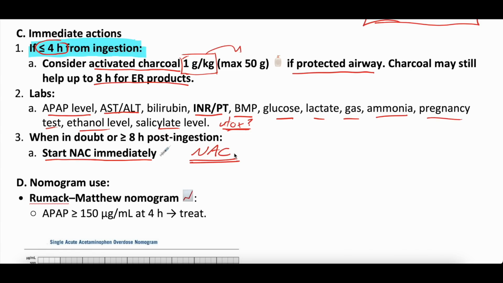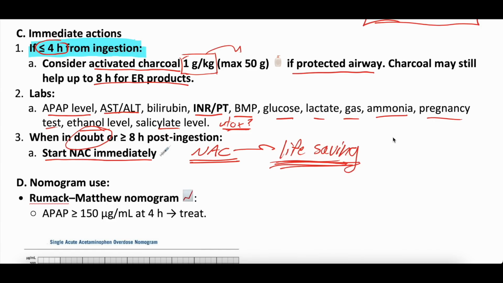The reason that you don't start it on everybody necessarily is because some folks won't get to a high enough serum level where they need N-acetylcysteine. But N-acetylcysteine is life-saving in patients who have acetaminophen toxicity. This can save their life, and it's a relatively safe drug. So when in doubt, give it, okay? Don't hold back, just give it.